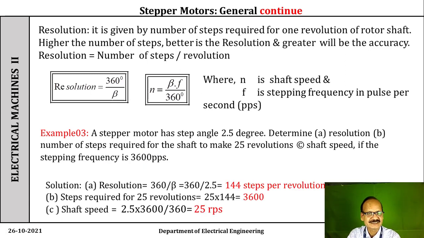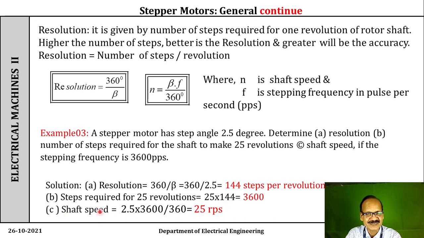Now see the solution. Resolution is nothing but 360 degrees divided by beta. So beta is given to you, and it is found that the resolution is 144 steps per revolution. Now how many steps are required for 25 revolutions? For one revolution, 144 steps, and therefore for 25 revolutions, 25 into 144 steps, that is 3600 steps.